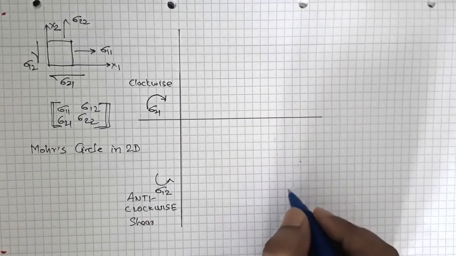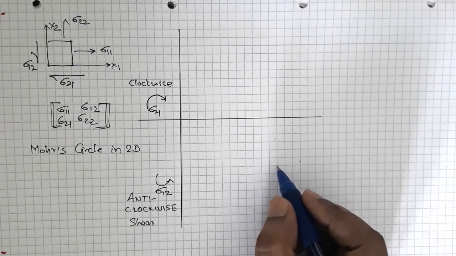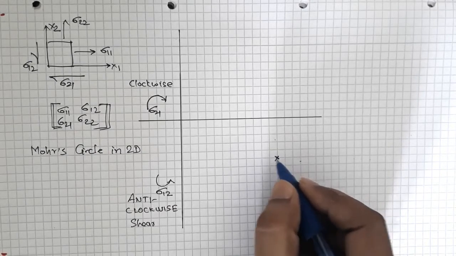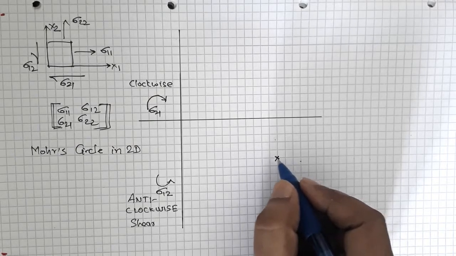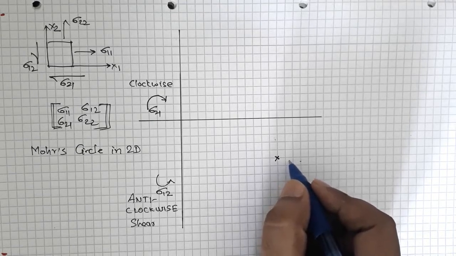So here we will have points, let's say here, and this point will be sigma 12, therefore we have to take here sigma 22.